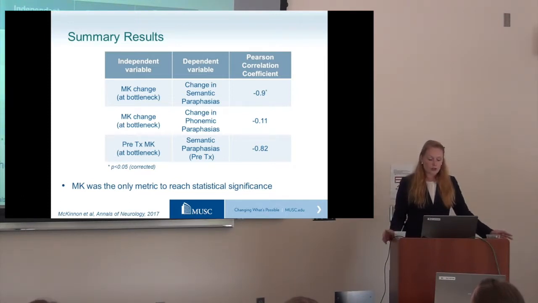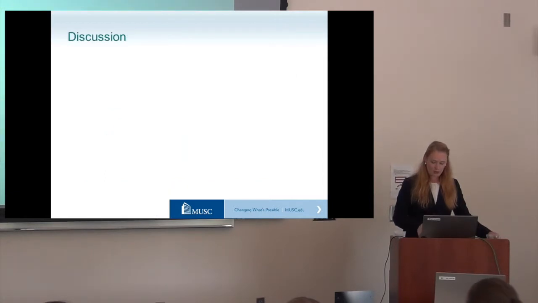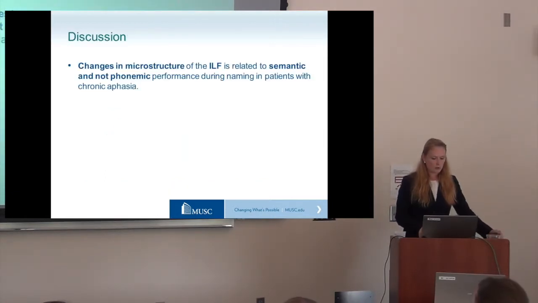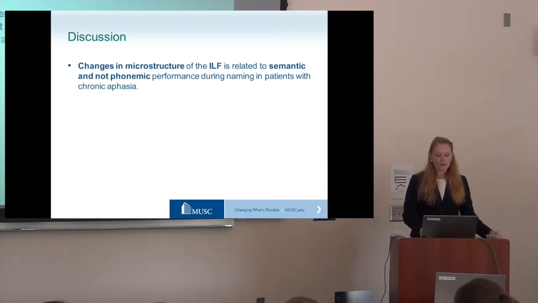Most interestingly, mean kurtosis was the only metric to reach statistical significance in all these subjects. We didn't see the same relationship with FA, and we didn't see the same relationship with mean diffusivity. So maybe kurtosis is telling us something different about the tract that we weren't able to quantify before. Just to recap this study, we saw that changes in microstructure of the inferior longitudinal fasciculus were related to semantic, but not phonemic, performance during naming in patients with chronic aphasia.